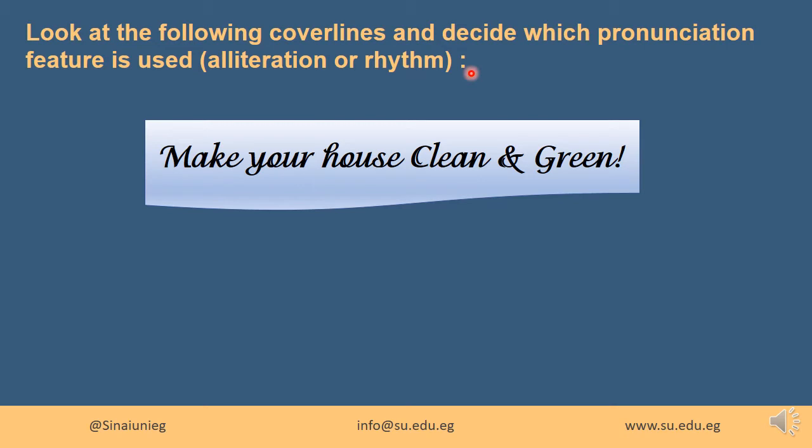In the previous exercise, we discussed the features that are used in writing, and now we're going to discuss the pronunciation features. We're going to choose between alliteration and rhythm, but first of all, let me tell you the definition of each word. Alliteration means the use of the same sound or letter at the beginning of words that are close.